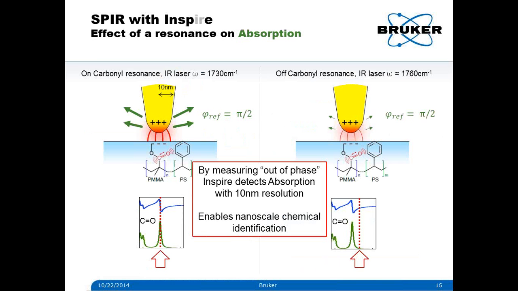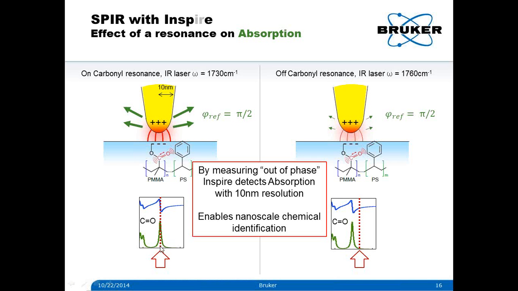Now, I want to emphasize on the next slides the effect of the resonance on the absorption. So we measure the out-of-phase contribution, which means the reference phase is set to pi/2.